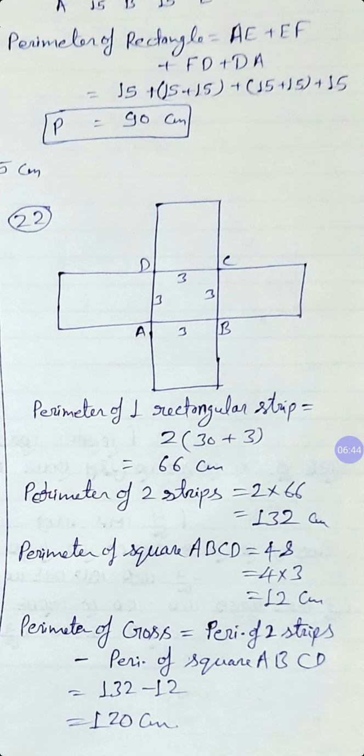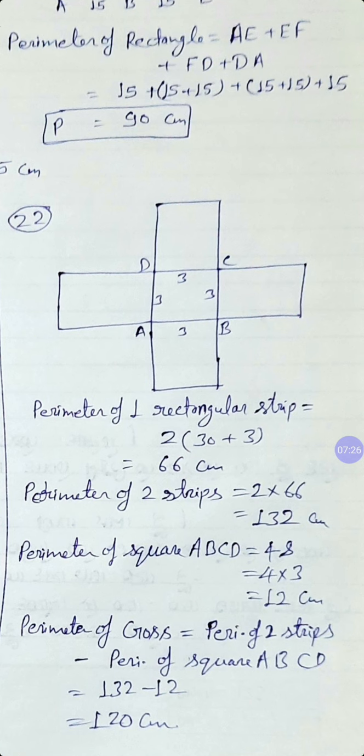Okay, so what we can do here, we can take the perimeter of one strip. The perimeter of one rectangular strip will be 2 into 30 plus 3, that is 66 centimeter. Now perimeter of the two strips will be twice of that, 66, that is 132. Now please pay attention.